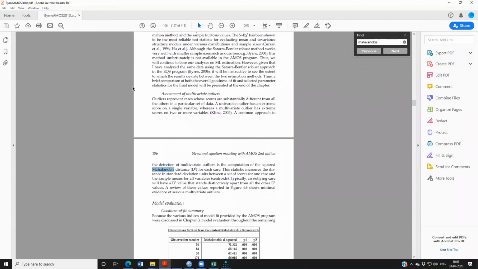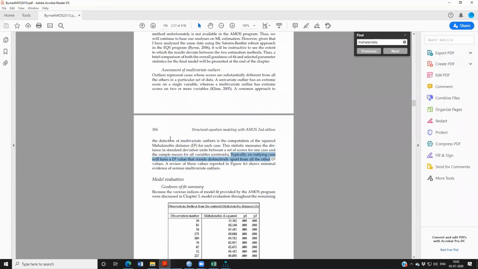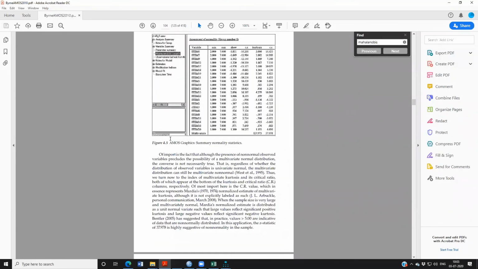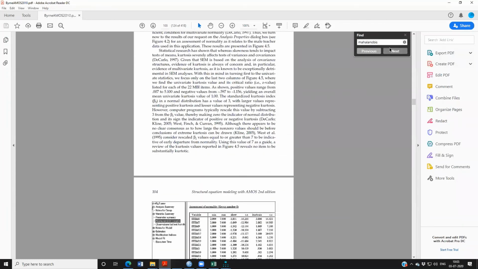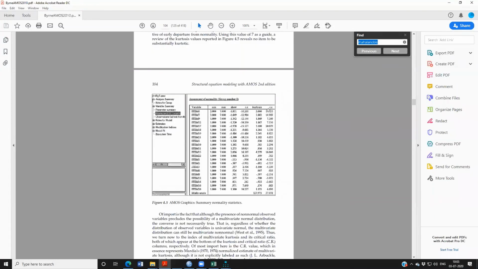If you look at this, assessment of multivariate outliers, page number 106, typically an outlier case will have a d squared value that stands distinctively apart from all other d squared values. So this book gives you good descriptions of what you should do and how you should interpret these things. Something that I have told you, but if you want to know more, you can read this book and understand.